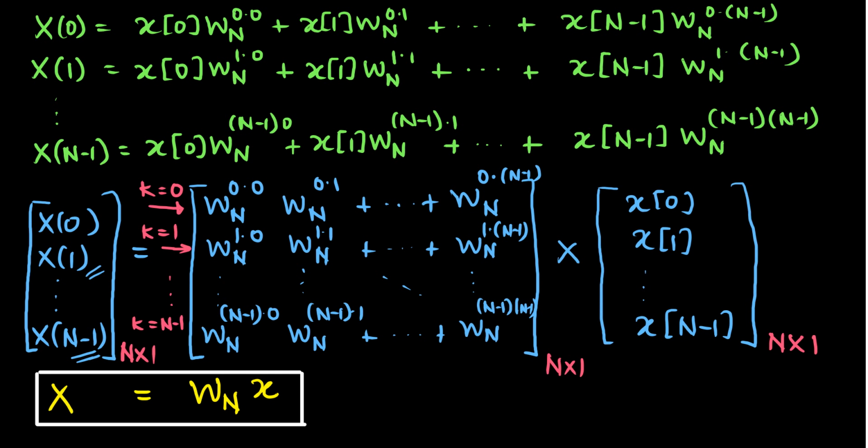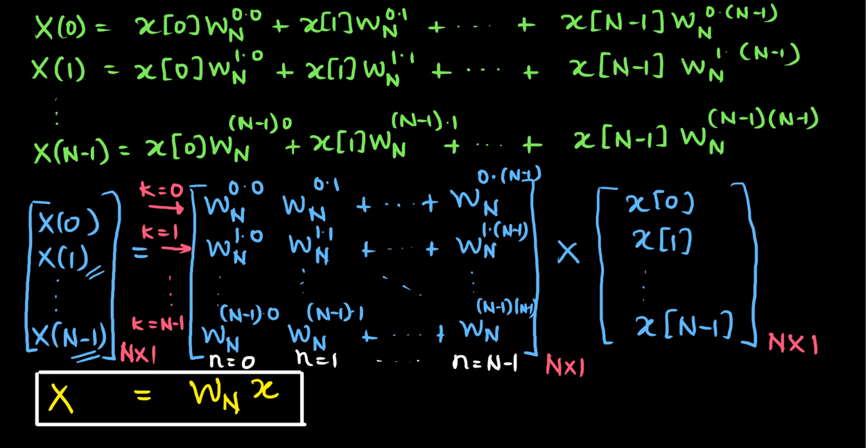Similarly, each column corresponds to a particular value of n. For example, the first column corresponds to n equal to 0, the second column corresponds to n equal to 1, and so on. The last column corresponds to n equal to capital N minus 1.